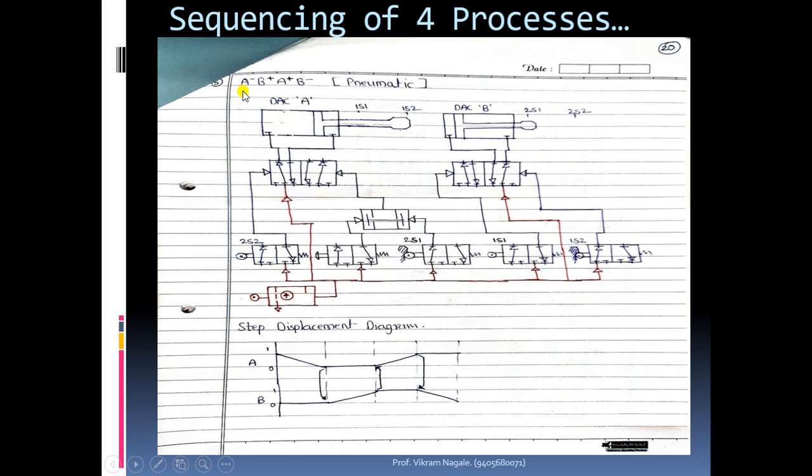Okay, first process is A minus. So this triggering circuit, I call this as a triggering circuit. हे कुठच्या book मध्ये दिलेलं नाही आहे, but we just call केलं because everywhere we need this.